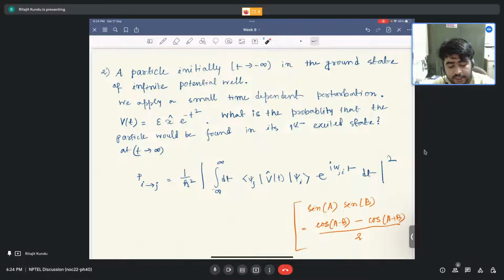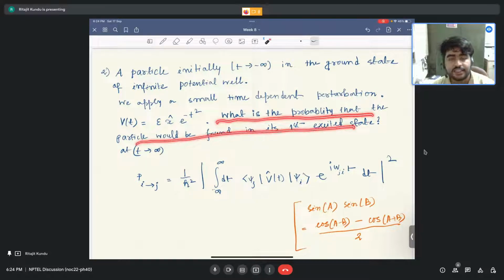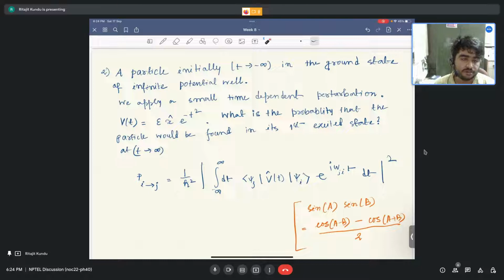Now we are asking what is the probability that the particle would be found in the first excited state in the far future. This is a standard kind of problem in time dependent perturbation theory, and from the lectures of week 8 you are probably aware that this is the first order transition probability.